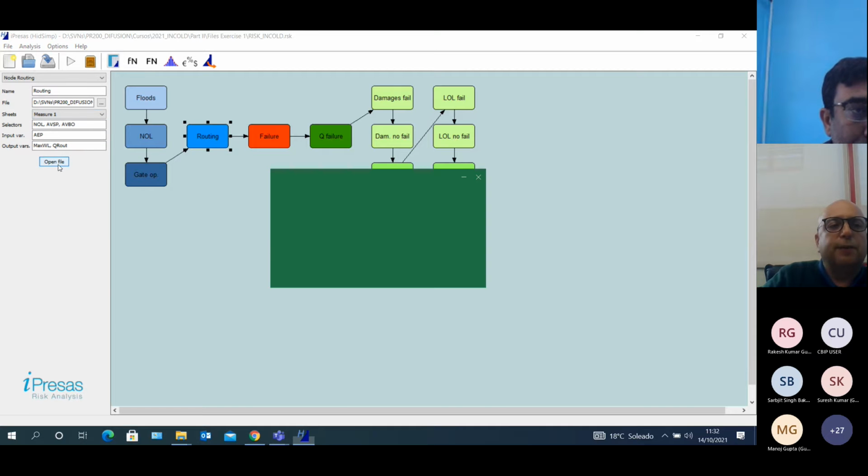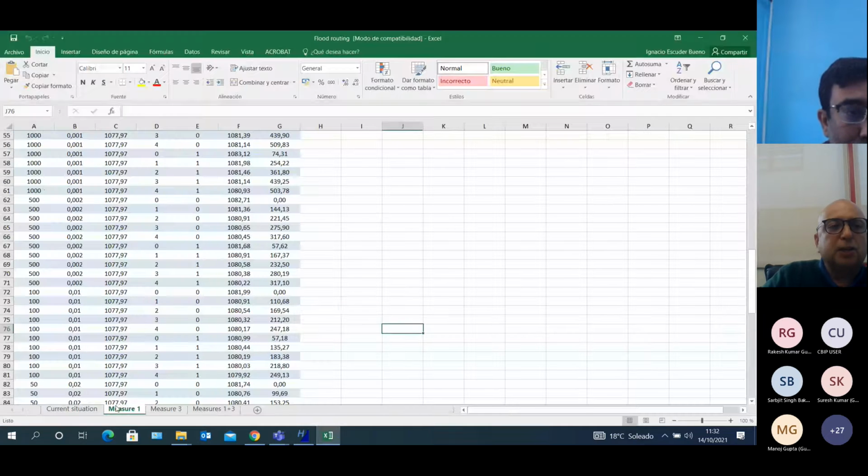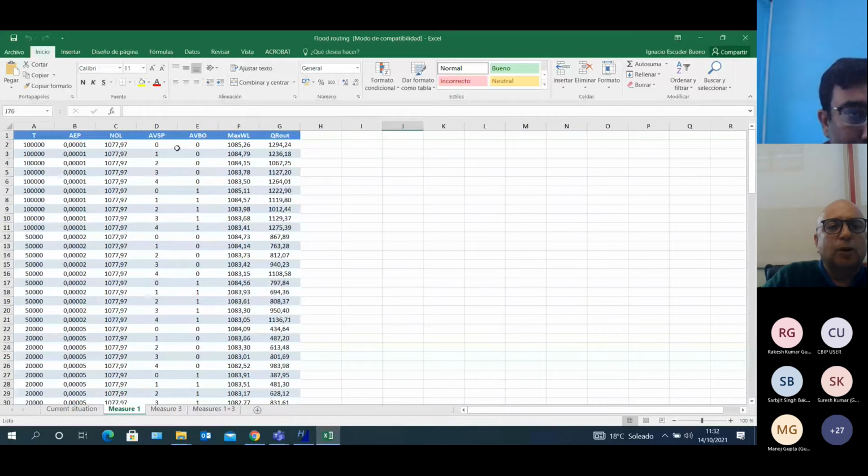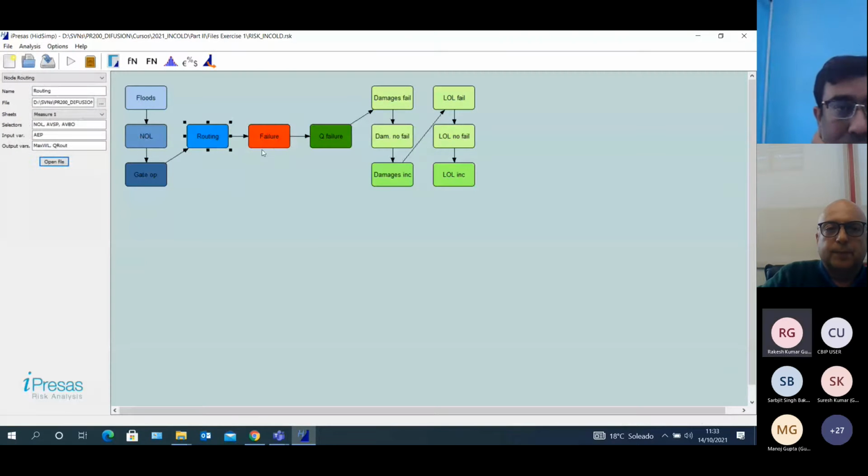Why? Let me open the file. In measure 1, we have more combinations. If we have 4 gates, it can be 0, 1, 2, 3, or 4 gates working. And we need to compute all those possibilities. And the rest is the same because the overtopping is the same.